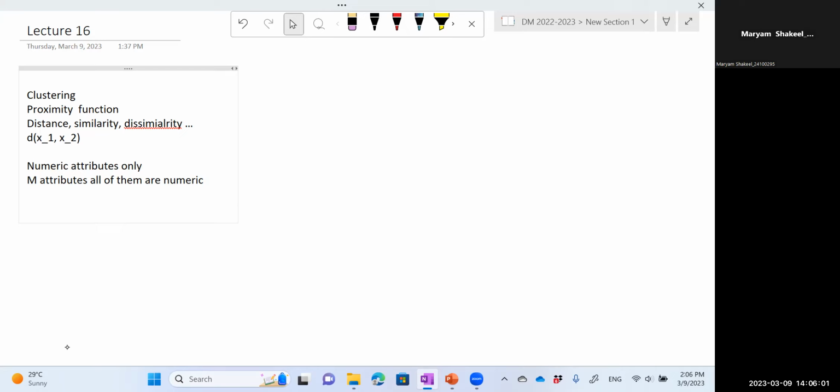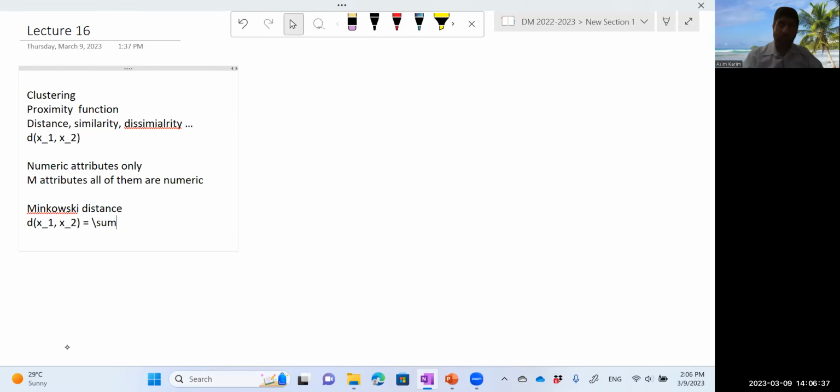So the most common measure or the most general measure for this is the Minkowski distance. We talked about this last time. So basically this is defined, if I want to write this, d(x1, x2). So we have a summation. I'm going to write it in terms of elements. On the left-hand side, x1 and x2 are vectors. On the right-hand side, I'm going to use two indices. Those would be elements.